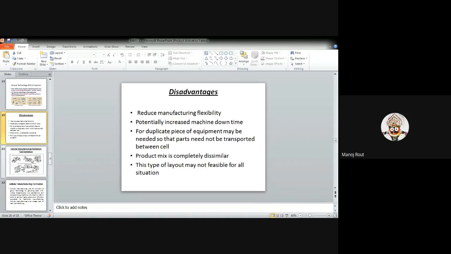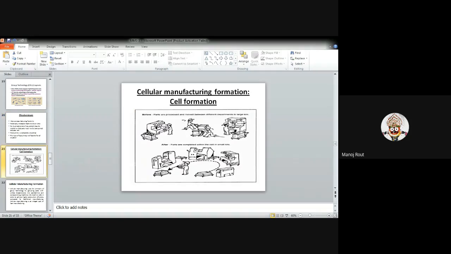The next topic is cellular manufacturing formations. As you see in the particular picture, different workstations are there, and the employees move from one workstation to other workstations. So whenever you introduce cell formations, it reduces the manpower. Only one person can manage three machines, moving from one place to another. So that is the concept behind cellular manufacturing formations.